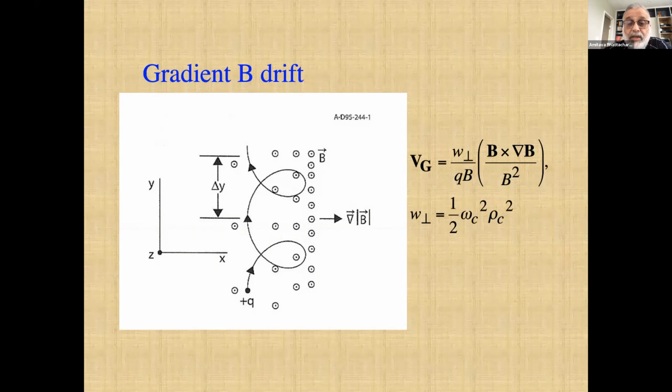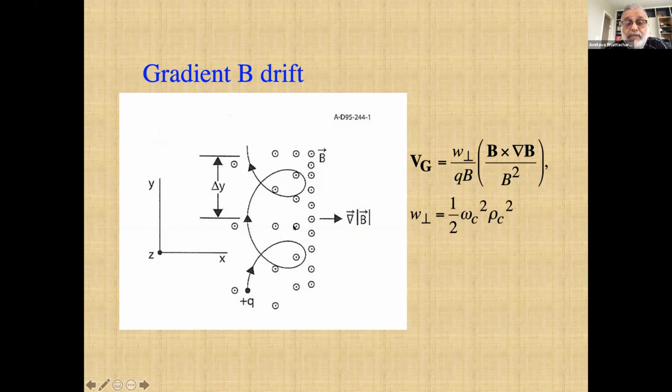In other words, if grad B you think of as B over L, rho_c over L is assumed to be a very small number. Under those conditions, what you get is an additional drift, which is called the B cross grad B drift, or otherwise simply known as the grad B drift, which is perpendicular to both B and grad B.